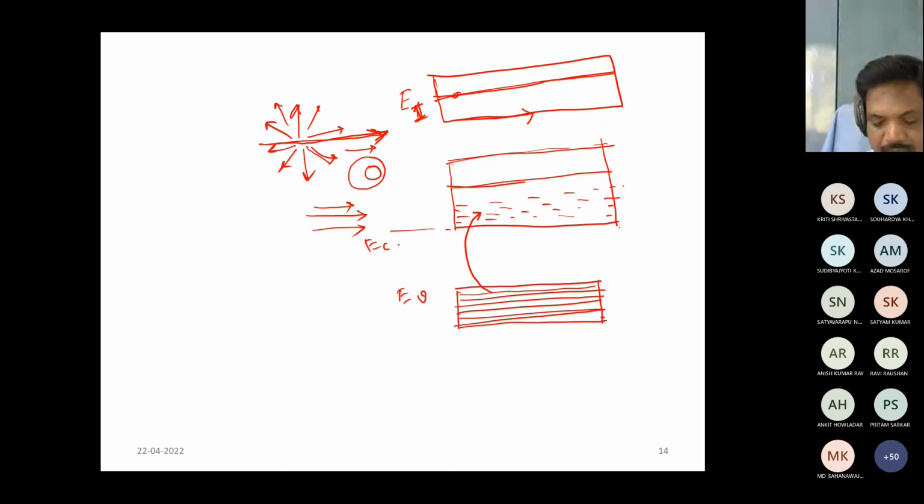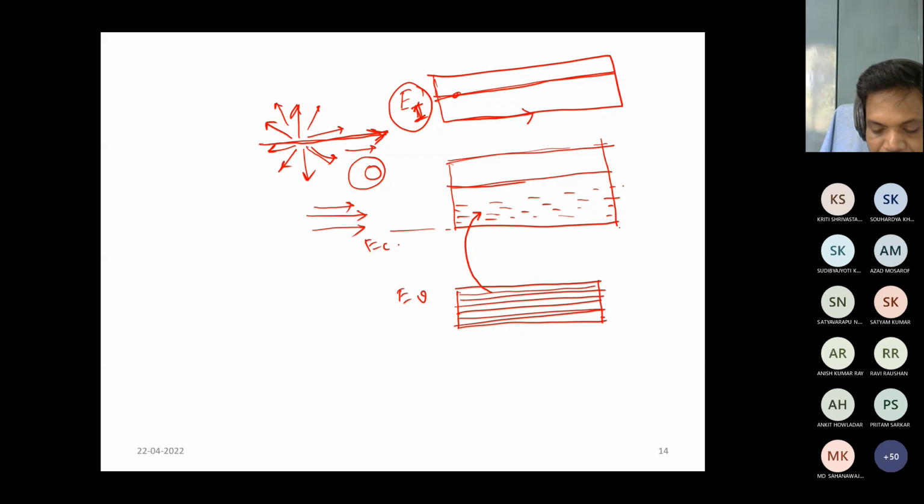Now, what we were discussing is that if we consider one energy state here, say at this energy level, what would be the probability of occupancy of an electron? That means at a given temperature, what is the probability that this energy state is occupied by an electron?